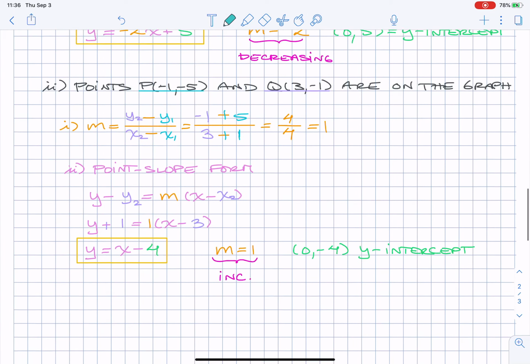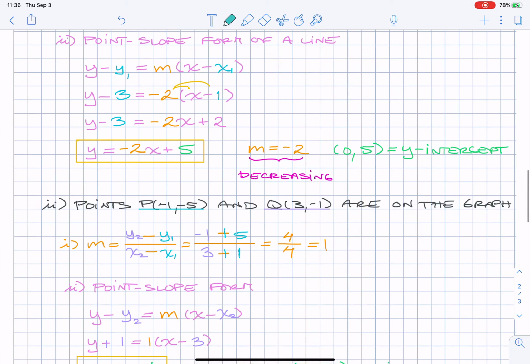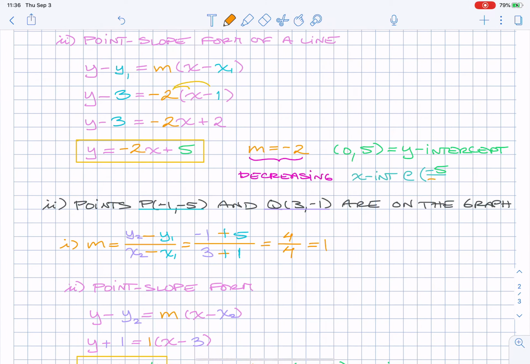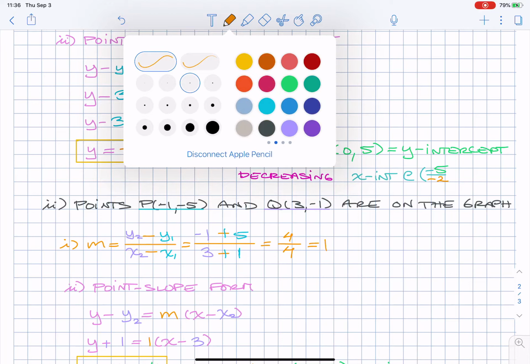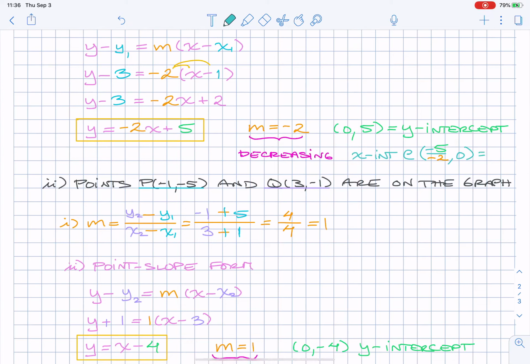Let's do, maybe this strange color. Okay. The x-intercept was at negative b over m, right? So that's going to be negative, b was 5 here, over m is negative 2, comma 0. So that's 5/2, comma 0.